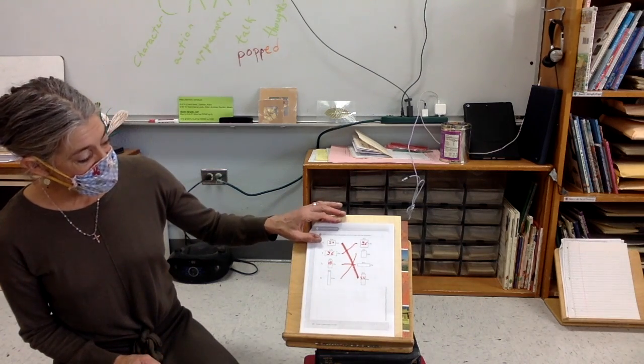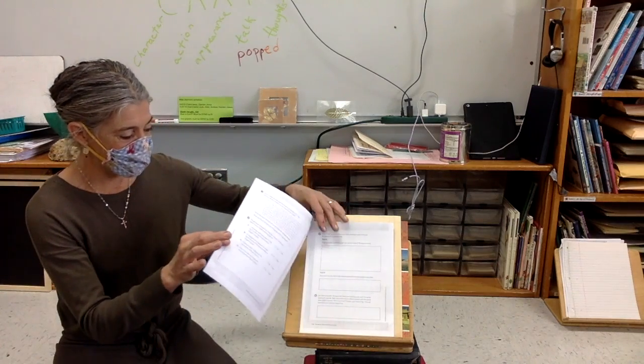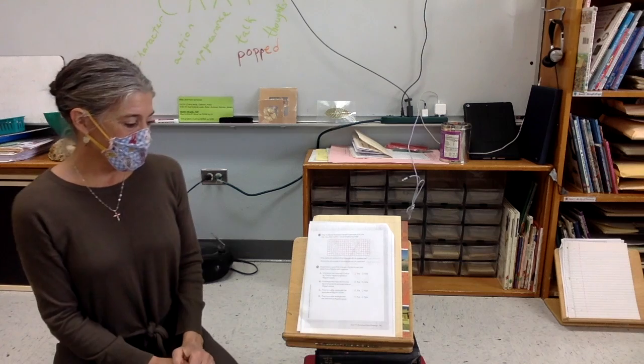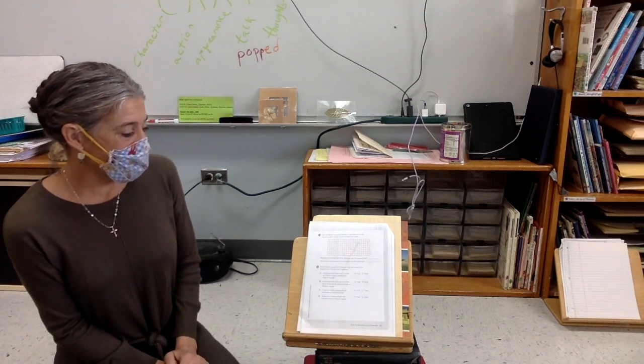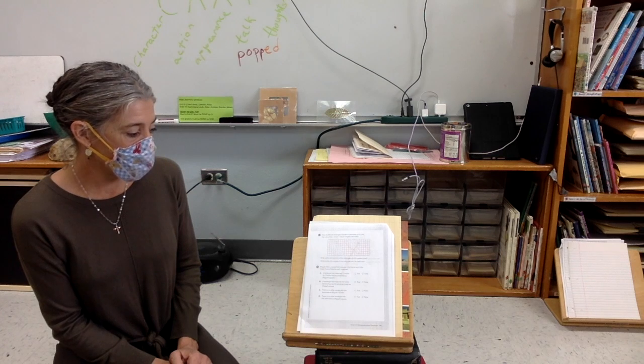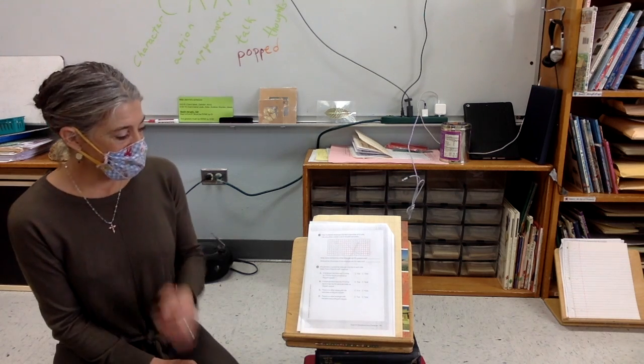Now you're going to flip just this page, not the whole packet, just this page to get to page 311. Draw 4 different rectangles that have a perimeter of 16 units and use only whole number units for length and width. Okay, does anyone want to do one of them?